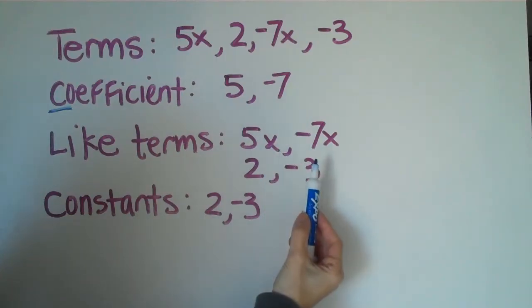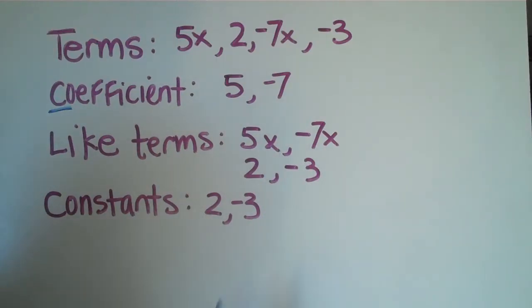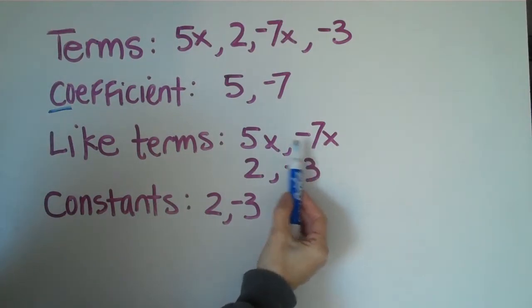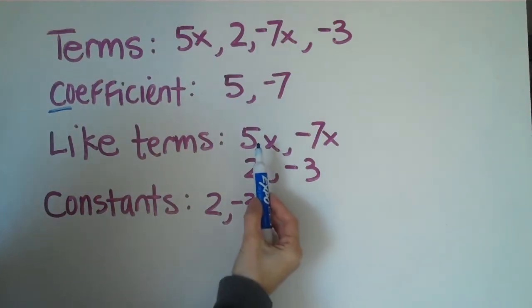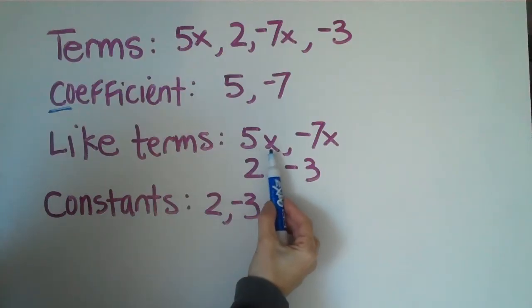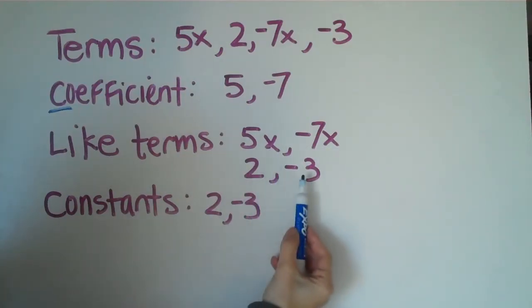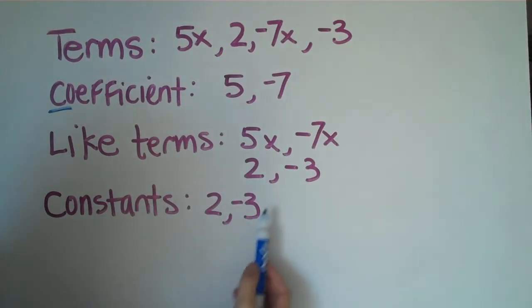An x and a y would not be like terms. If you had 5x and 7y, they would not be considered like terms because they have different variables and could not be combined. That would just simply remain 5x plus 7y or whatever it is. So like terms are the ones that have the same variable at the end, or they're both constant. And again, a constant would be a number all on its own.